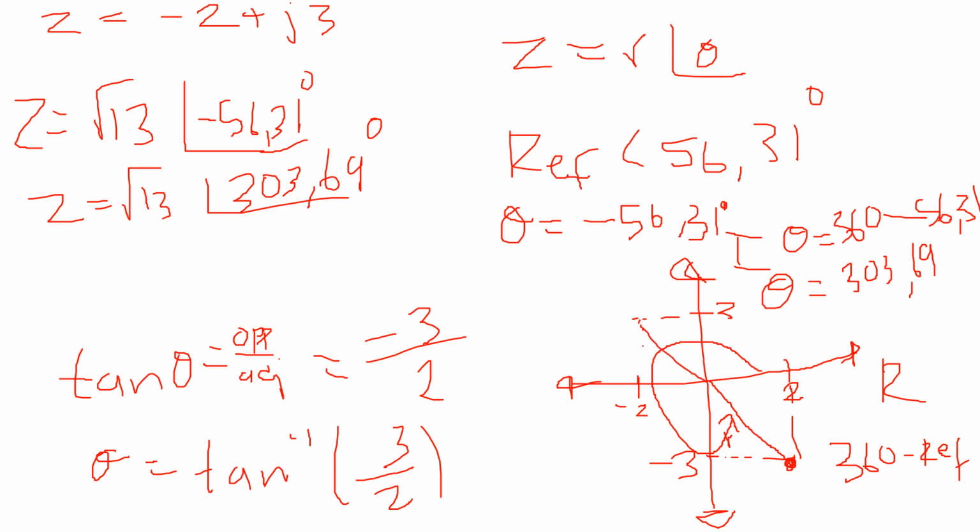That means the first option for the resultant in rectangular form, square root of 13 and negative 56.31, won't work. It will be incorrect. Your angle will be 180 minus theta, because your resultant is in the second quadrant, and the angle goes from the real axis to the resultant. I hope it makes sense.